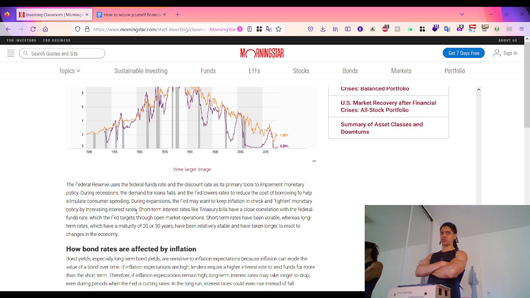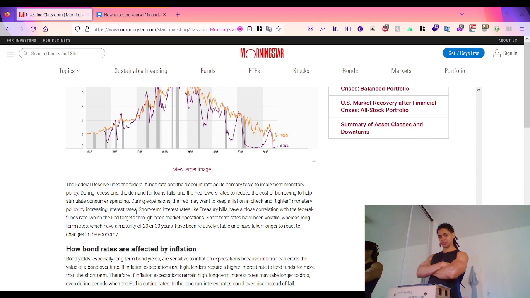So when we talk about monetary policy, the federal fund rate and the discount rate are the primary tools.